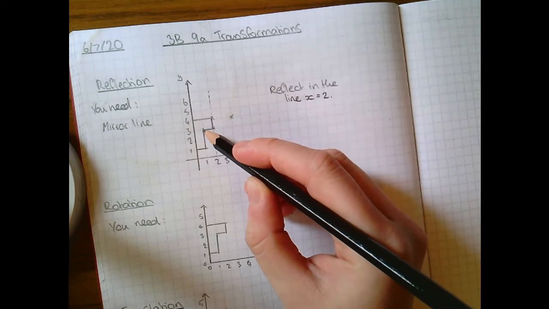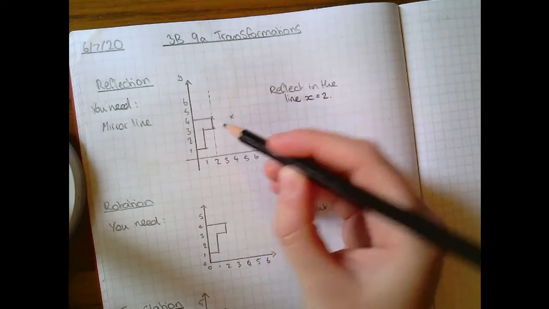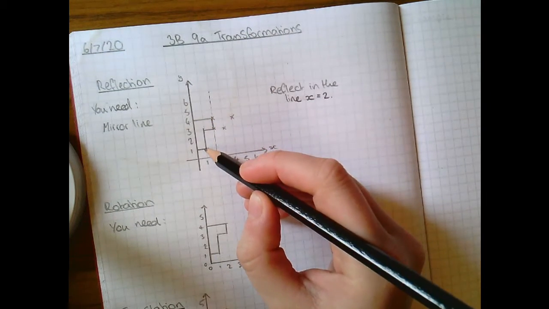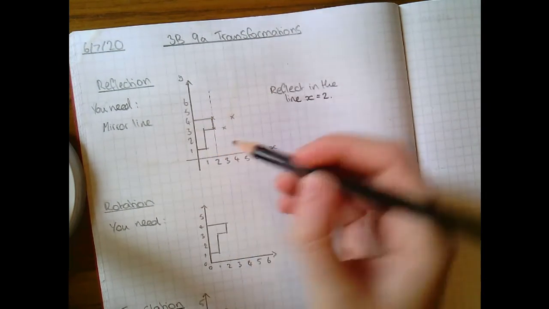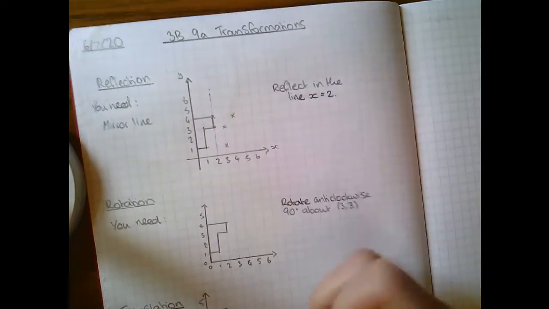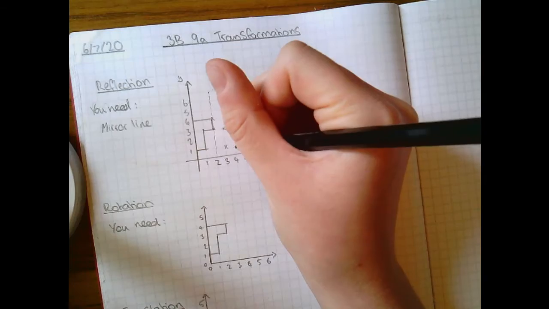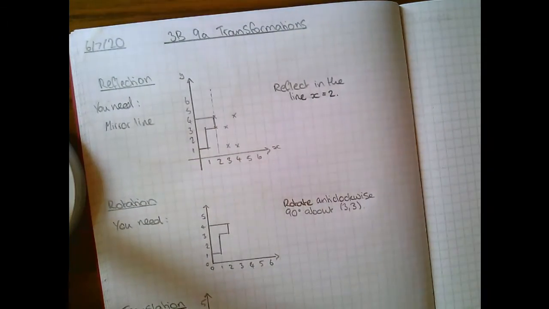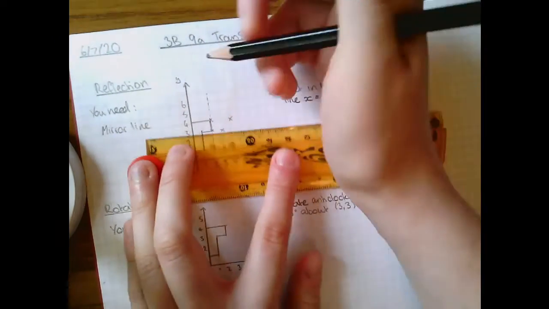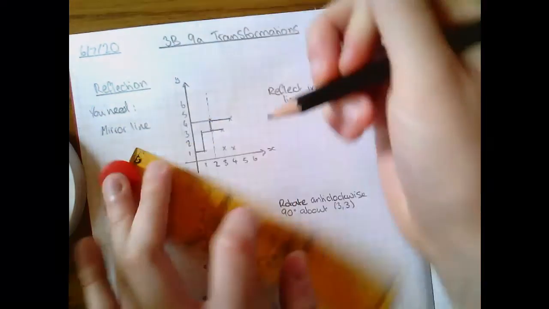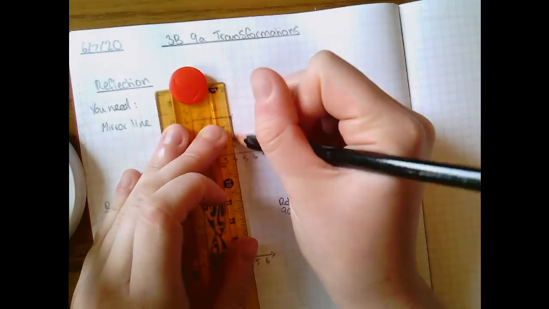This corner here is 1 away from the mirror line in that direction, so we'll go 1 away in this direction. Same with that corner, it's 1 away in that direction, so we go the opposite direction. That one's 2 away, so we're going to reflect that in the opposite direction on the other side. Then we join them up.